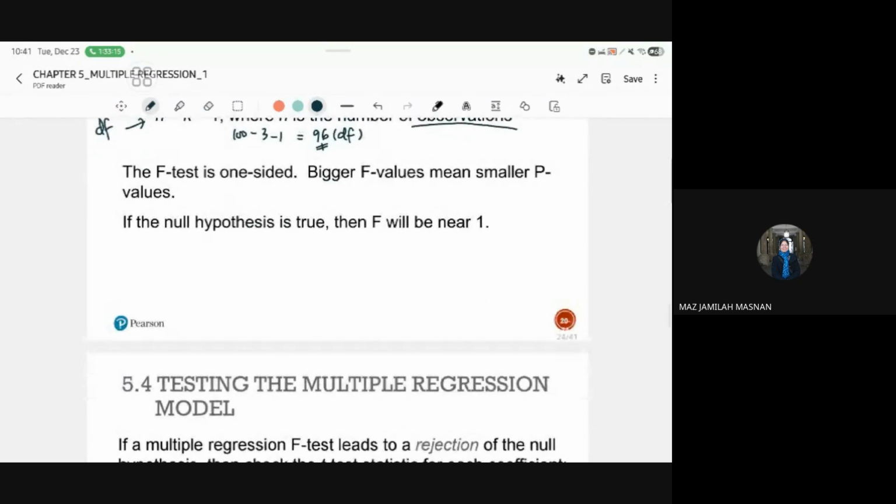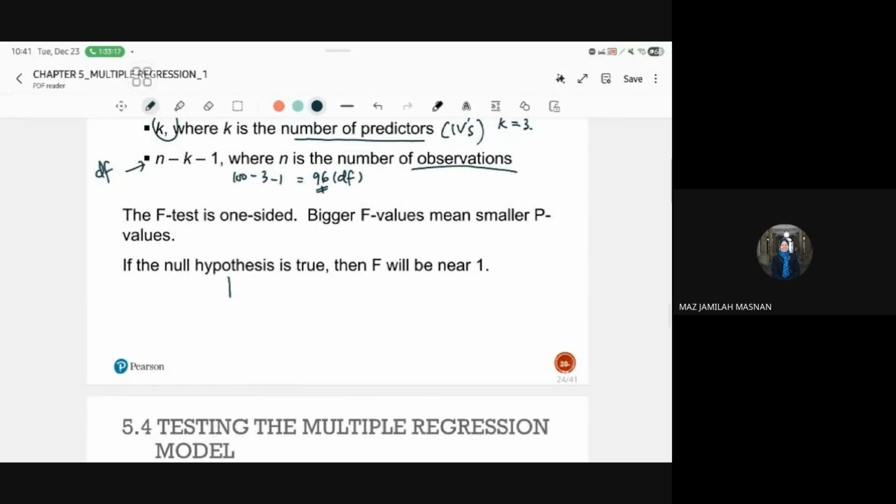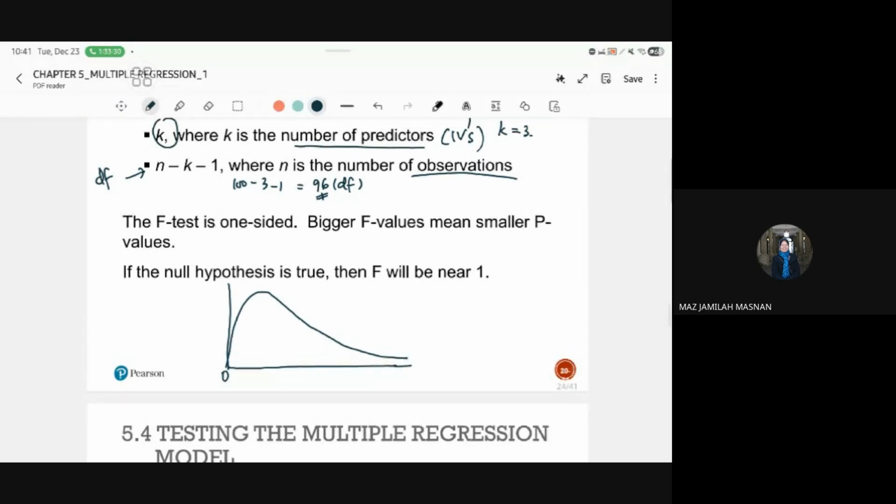If you still remember, when I explained ANOVA last time, the F test is somewhat like chi-squared. We begin from 0. When we make a decision, remember back when we have our alpha. Let's say this is your alpha, your rejection region.